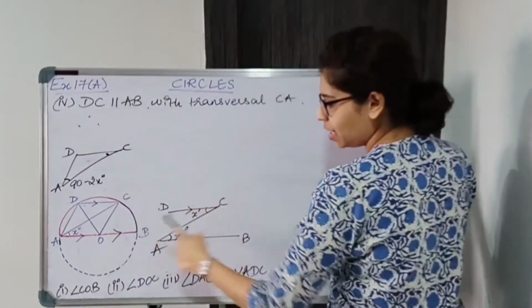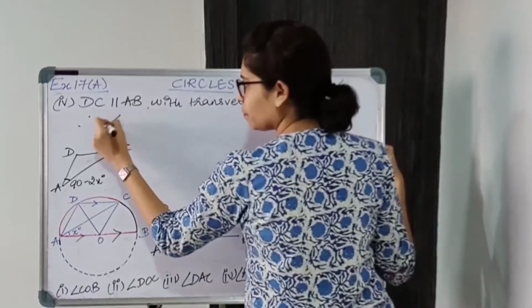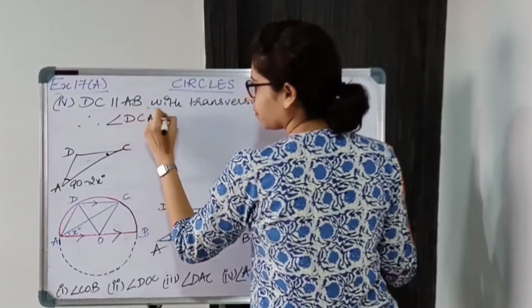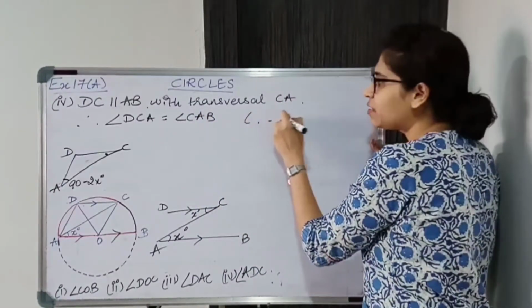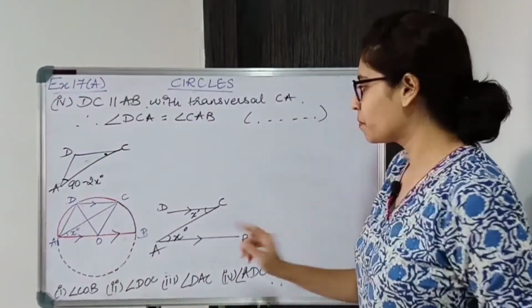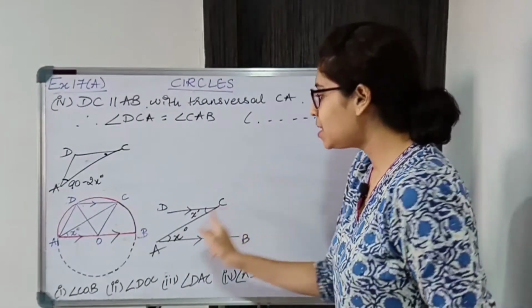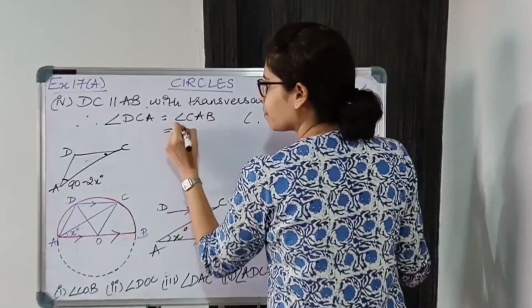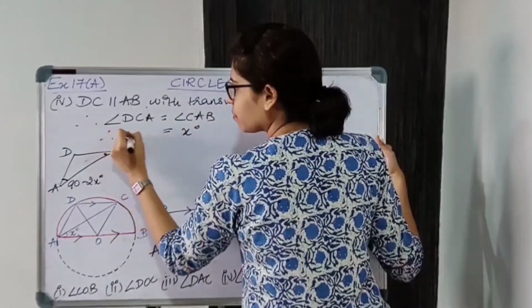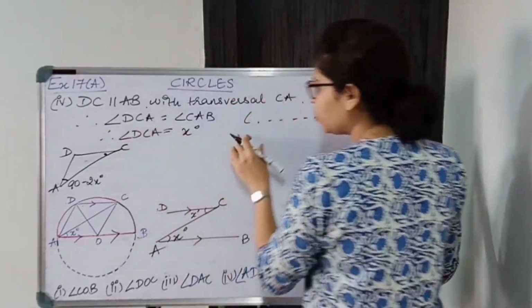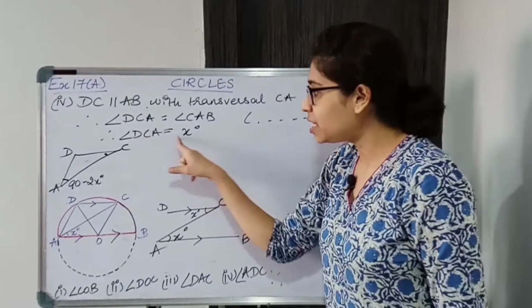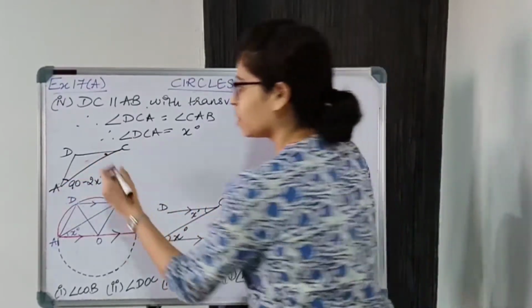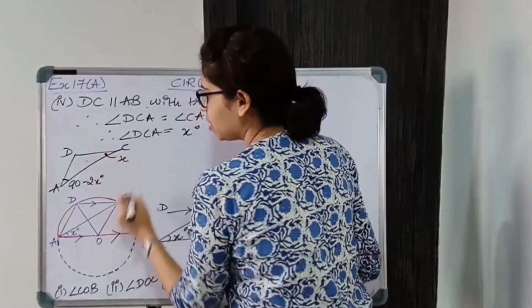Therefore, DCA is equal to angle CAB. You have to give reason, alternate angles, they are forming alternate angles. CAB is x, you can write down the reason over here. Angle CAB is equal to x degrees, so DCA found, this is x.